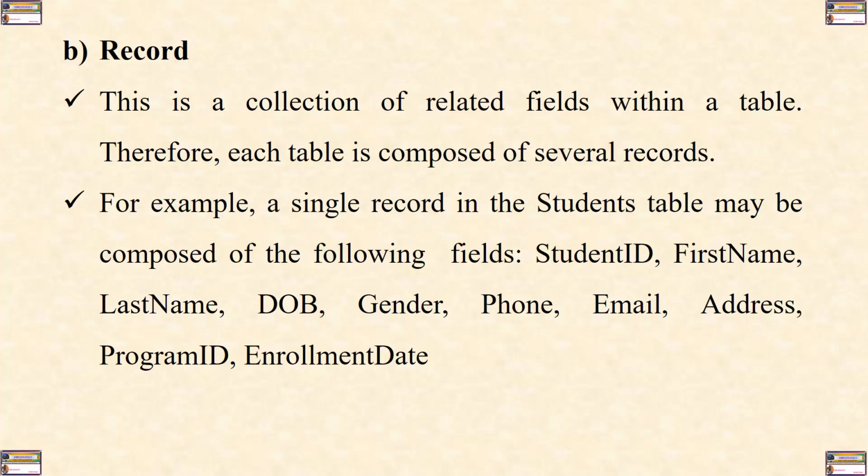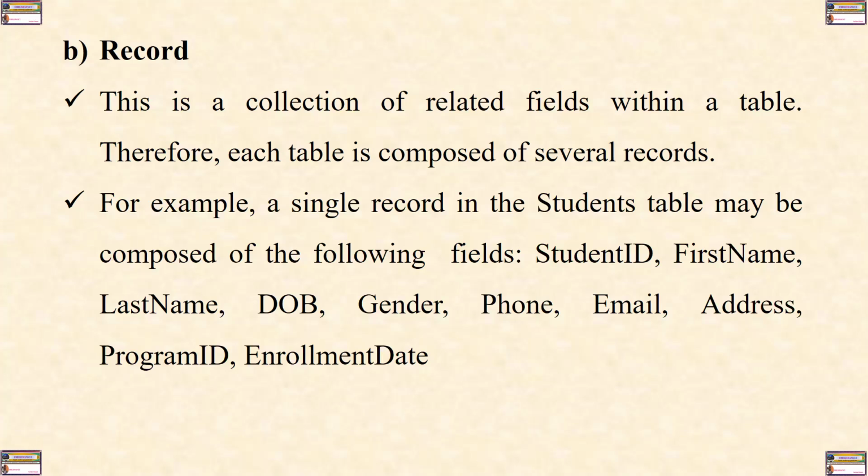And when you key in data for each of them, that data will be for a single record. For example, if you have 10 students, each of the students will have a student ID recorded, first name, last name, date of birth, gender, phone, email, address, program ID, enrollment date. So a record is composed of all those fields.